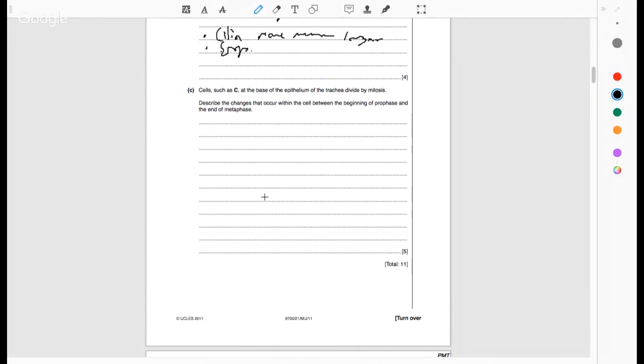The chromosomes are aligned at the equator.